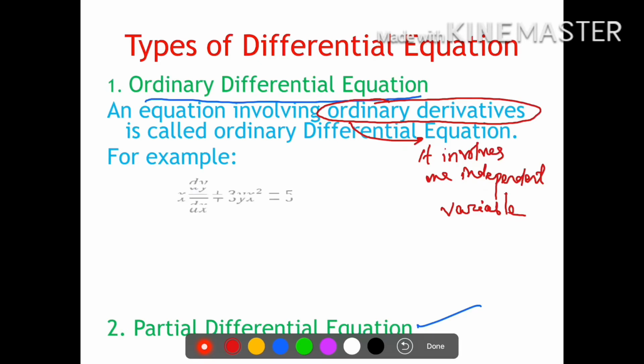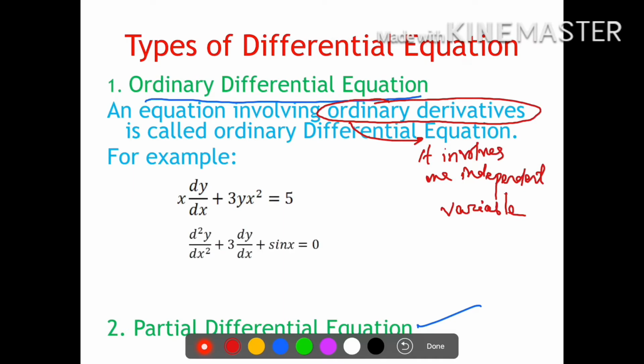For example, let us consider an equation of this form: x dy dx plus 3yx square equals 5. Here this is an equation involving derivatives. dy dx is there, hence it is called a differential equation.